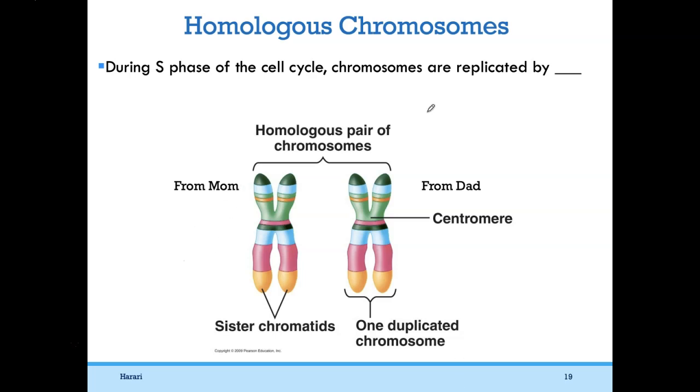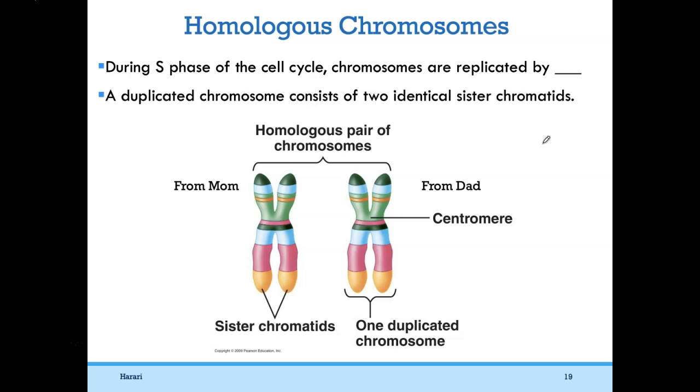So during S phase of the cell cycle, we said chromosomes are replicated by DNA polymerase, and a duplicated chromosome consists of two identical sister chromatids. So this from mom has already been replicated, right? This from dad has already been replicated.